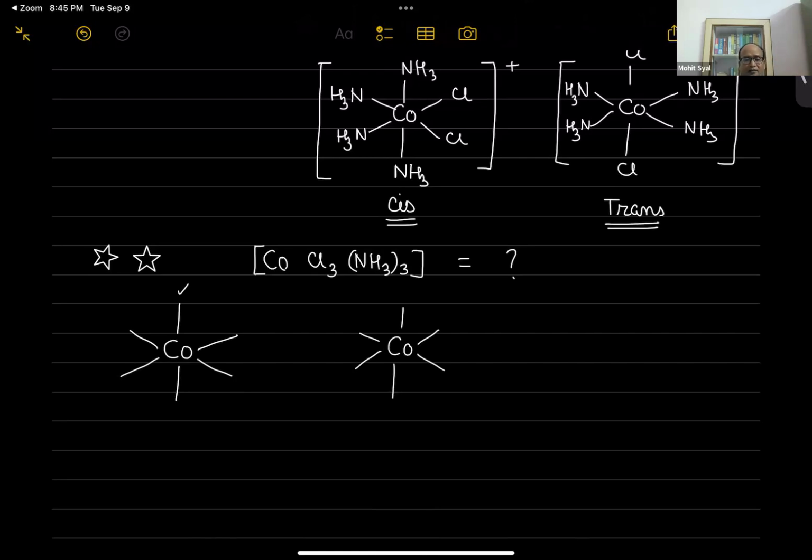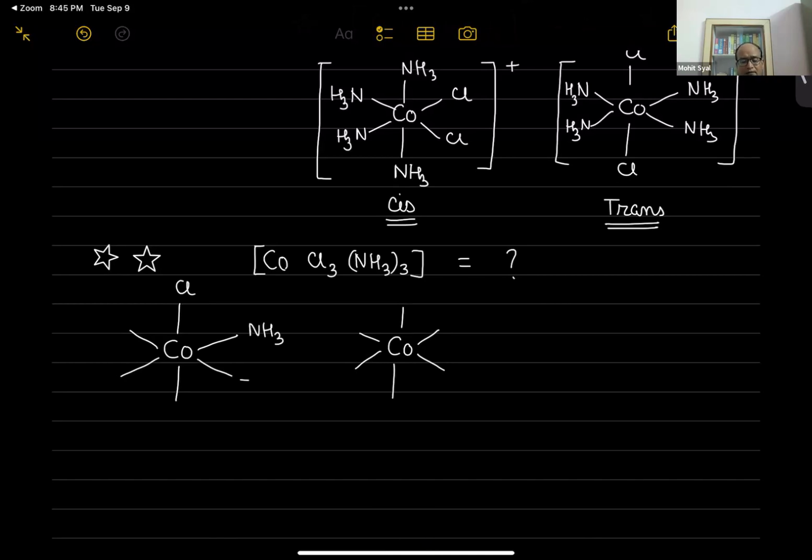So what should I put over here in this place? Cl or NH3? Let's say suppose Cl. Okay, Cl. And what have you put here? NH3, okay.